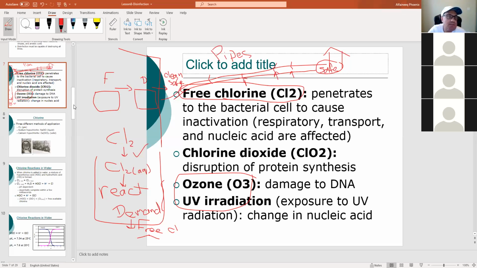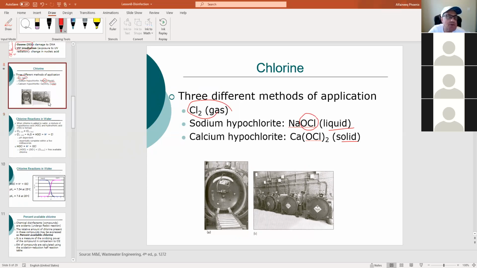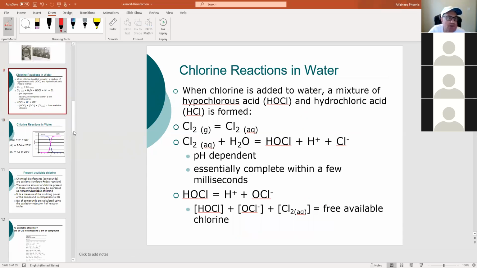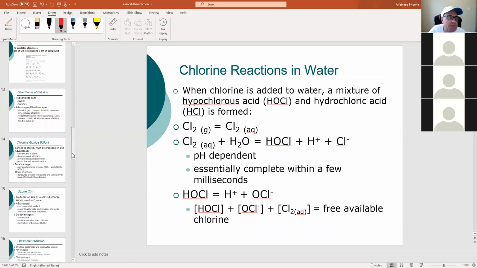How do you purchase it? Either as a gas, like here you see, or as a liquid in the form of sodium hypochlorite, or as a solid, calcium hypochlorite, whatever is available. It dissolves in water. We are not going through chemistry. We are familiar with this from last semester.